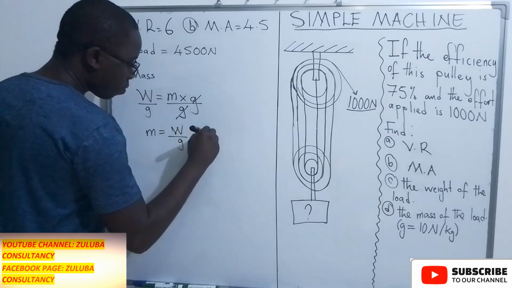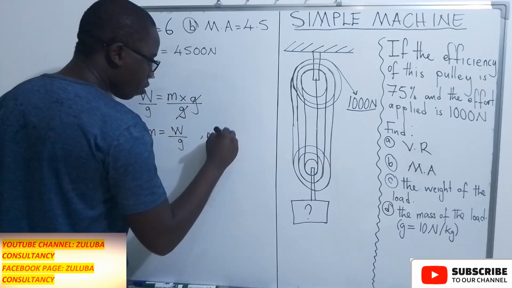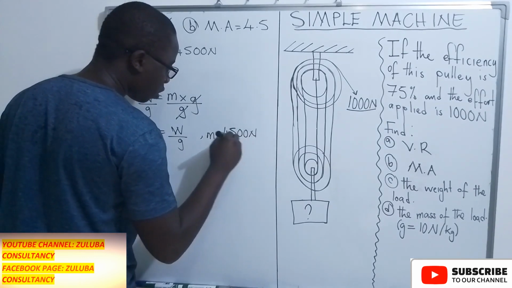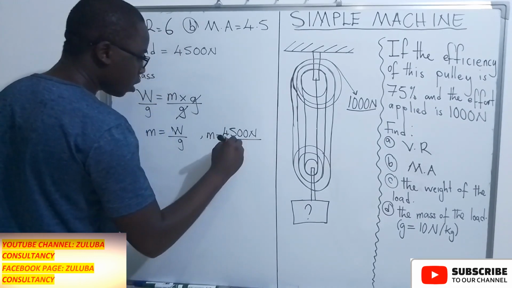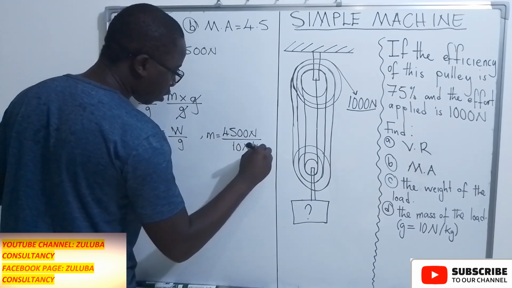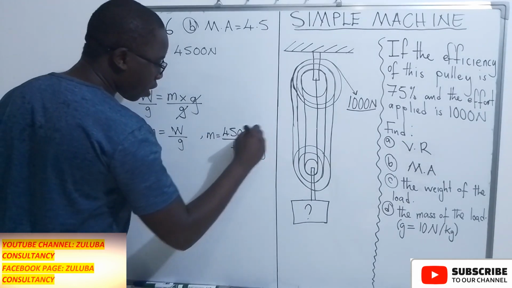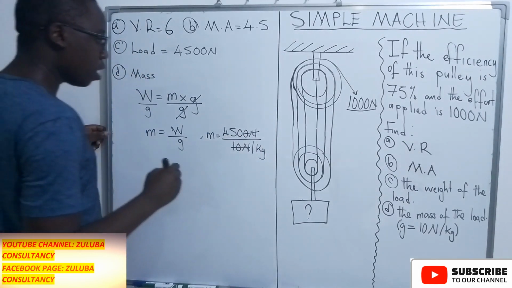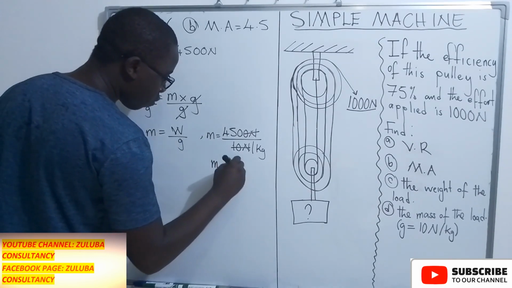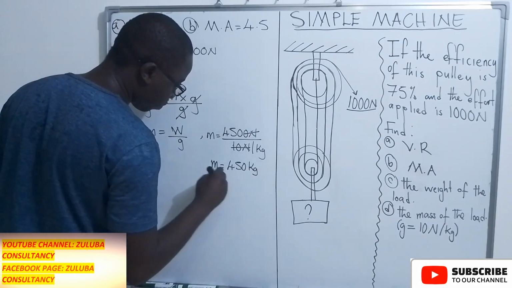So m is equal to w, which is 4,500 newtons, divided by 10 newtons per kg. So this can simplify and will remain m is equal to 450 kg.